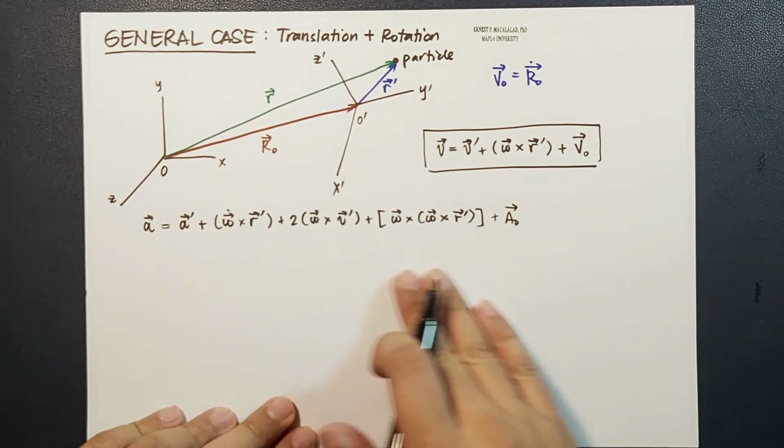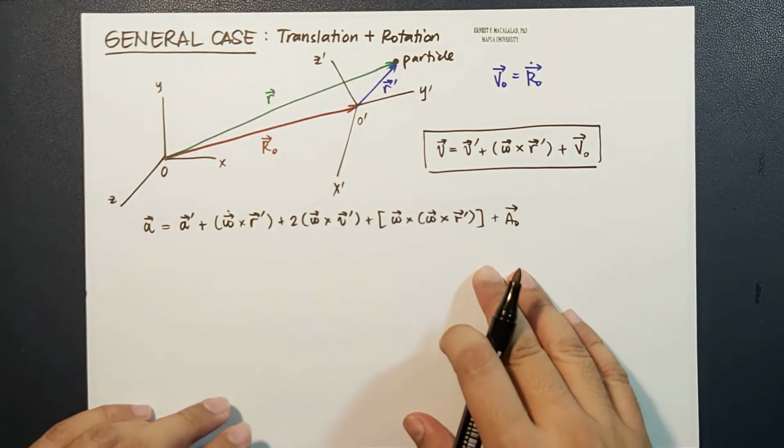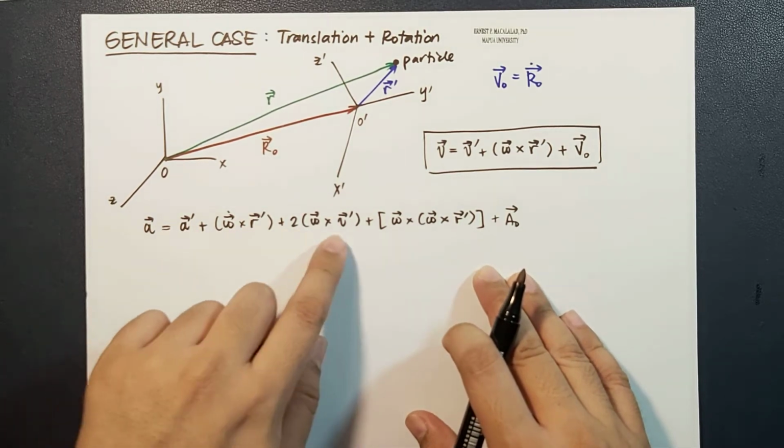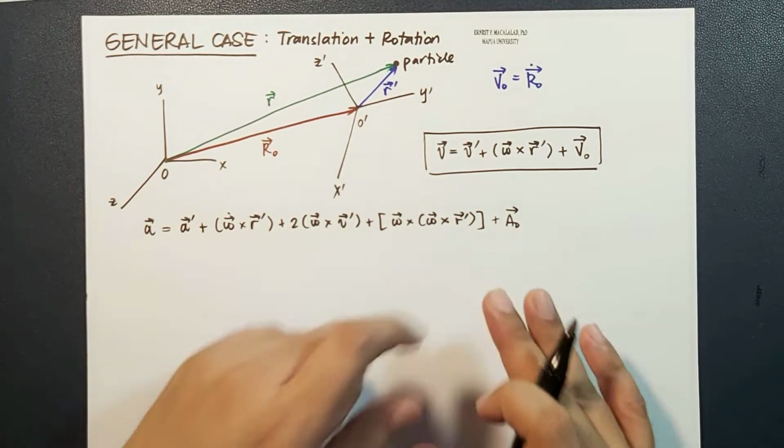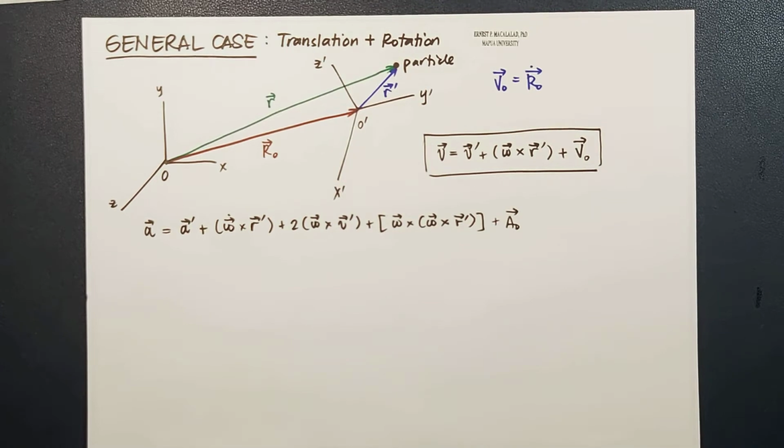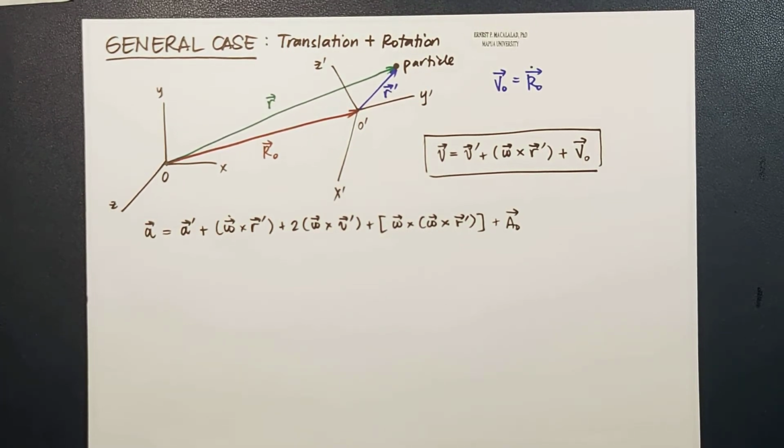So here we have several terms. We have 1, 2, 3, 4, and 5 terms.